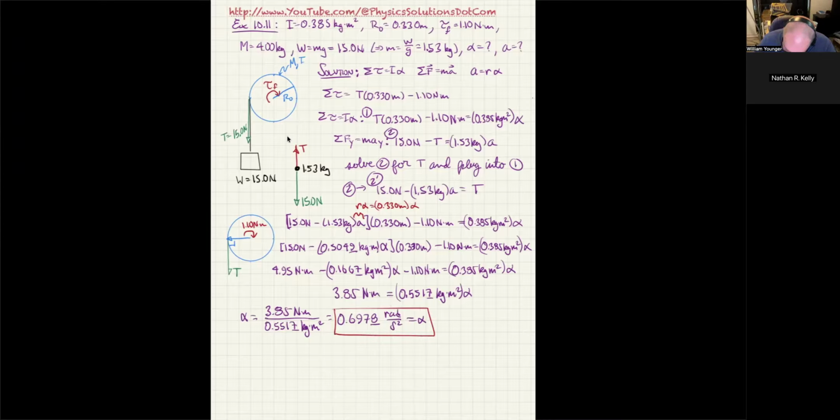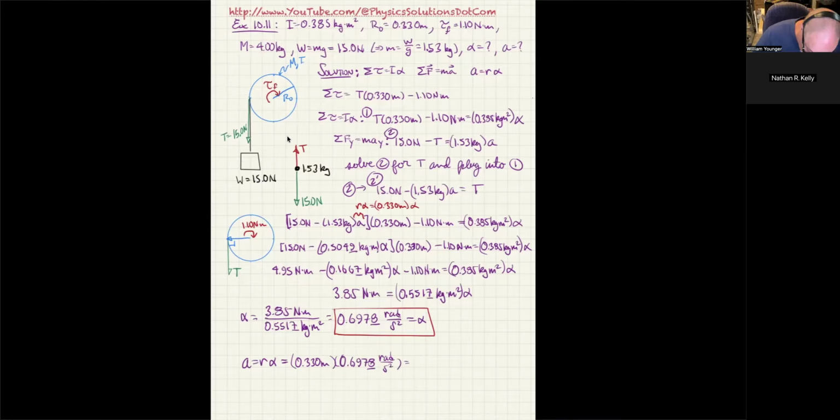We're using A equals R times alpha, which I never numbered, but that's okay. So A is equal to R times alpha again, which is only true because the rope is not moving or stretching or sliding on the pulley. So in this case, I'm going to say 0.330 meters times 6.978 with one extra digit.